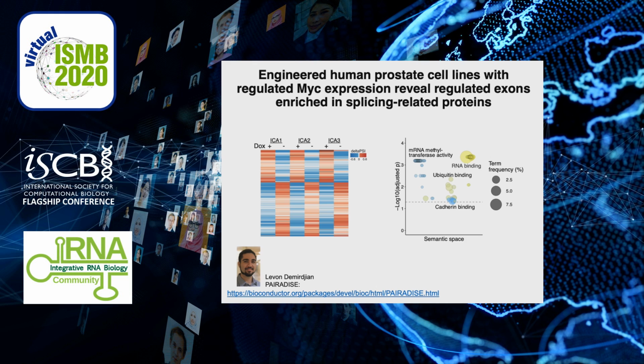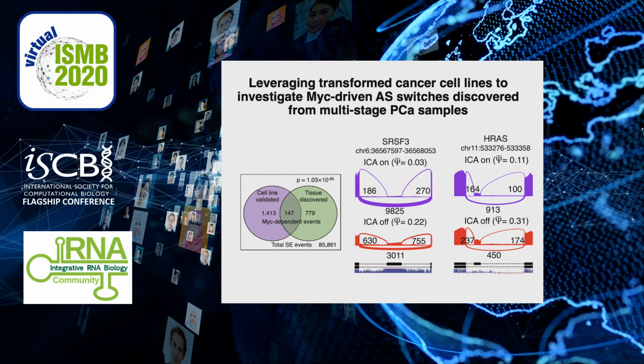Similar to the correlational analysis from the patient samples, we saw that the MYC-dependent splicing events are strongly enriched in genes affecting RNA splicing-related processes. Intersecting this set of events with the previously identified MYC-correlated events from patient-derived samples, we're able to see a significant overlap with 147 shared events.